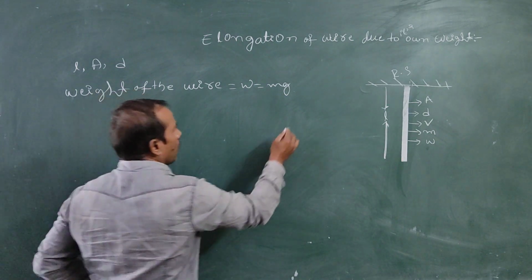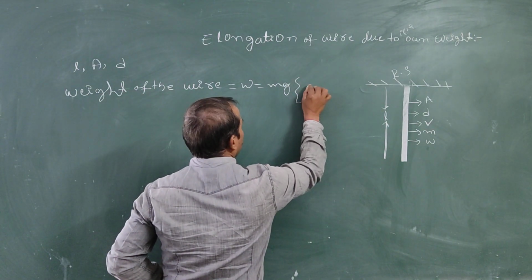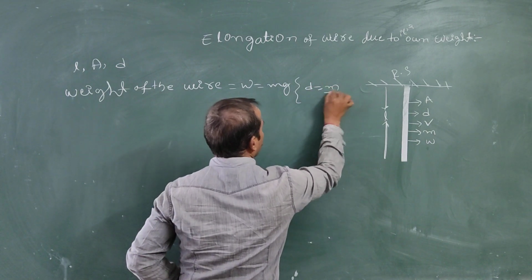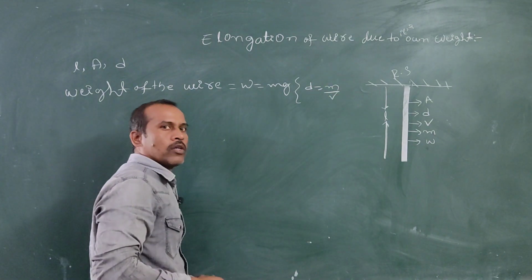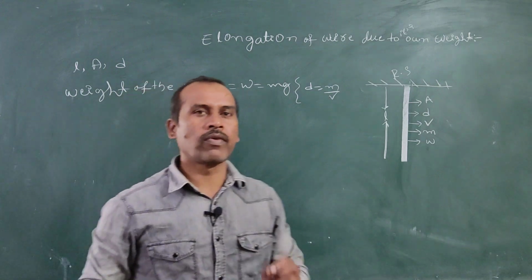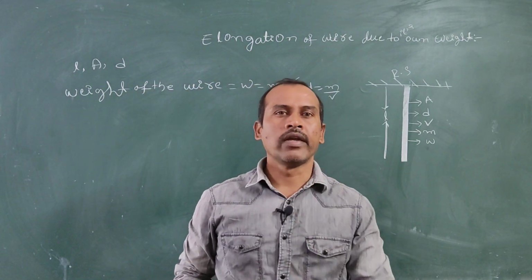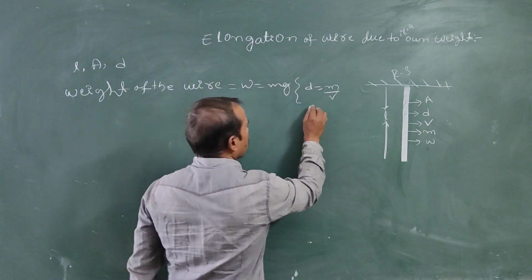Now according to the definition, density is equal to mass by volume. So the mass per unit volume is called density.